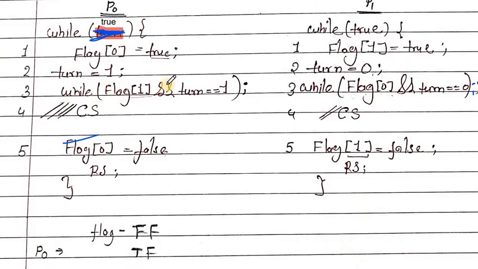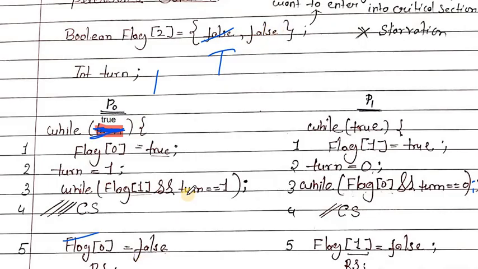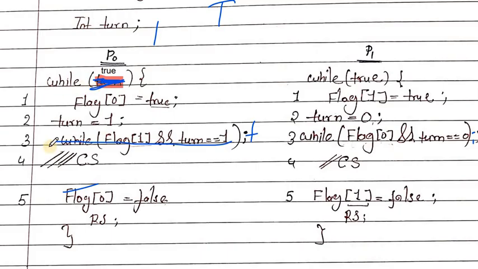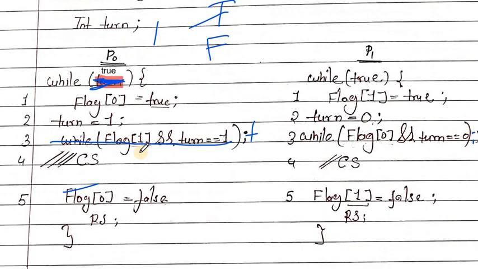Then while flag 1 and turn equal to 1, turn is made 1. Flag 1 is false and turn equal to 1 is true, therefore overall the condition is false, and the process enters the critical section. After completing the critical section, it makes flag 0 false and comes out of the critical section.